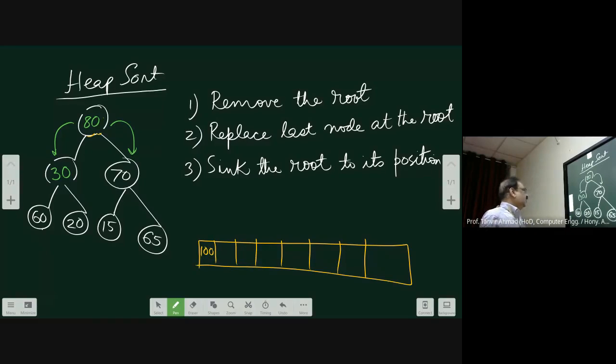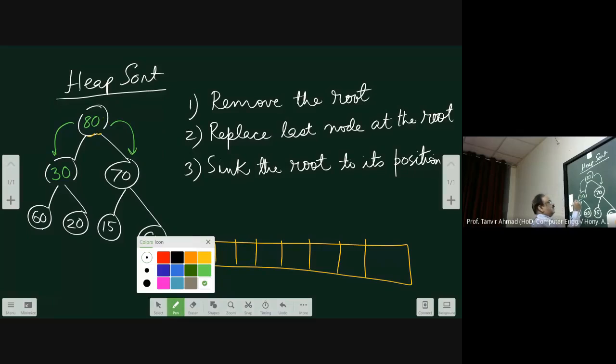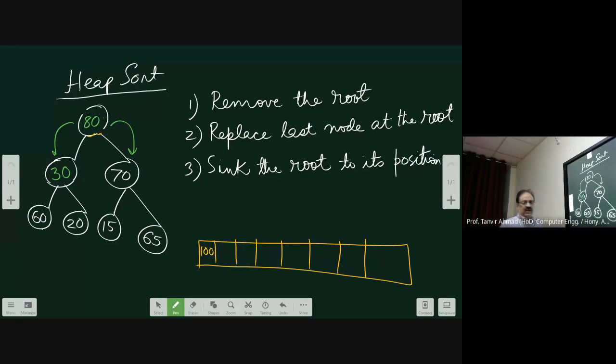Now I again check whether it's a heap. I find that this is not a heap. Why? Because 30 is at the root, and 60 and 20 are its children. Therefore, again you compare this with these two, and you find that 60 is bigger.